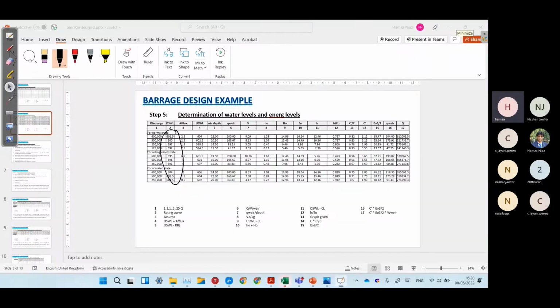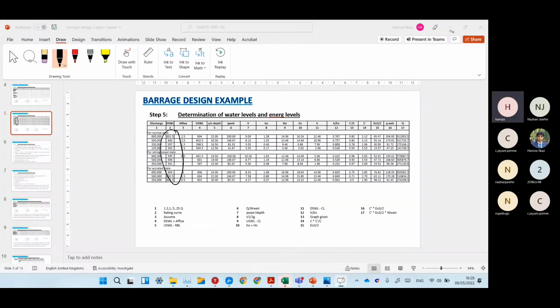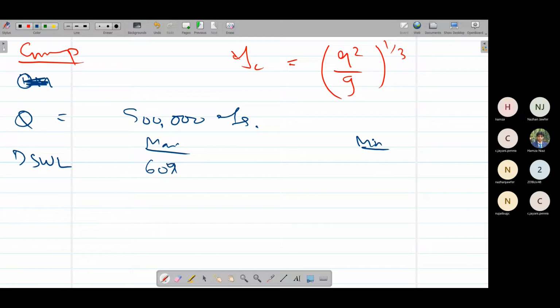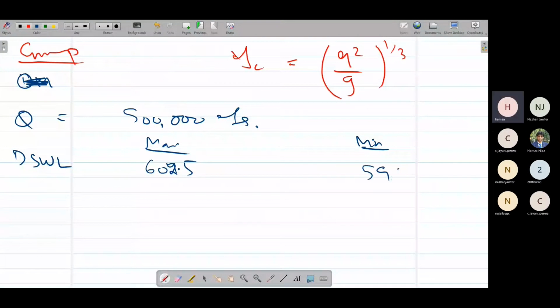Maximum one, for example, we have as 604. Minimum one we have as 591. Oh, sorry, for 500,000 cubic feet per second, we have maximum as 602.5 and minimum as 596.